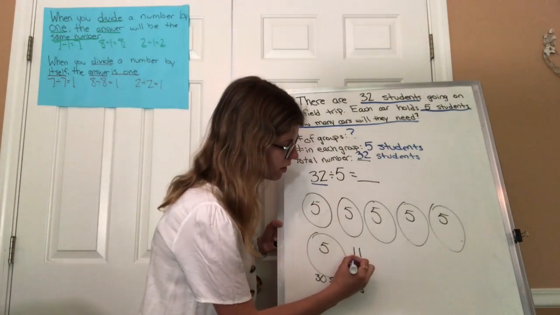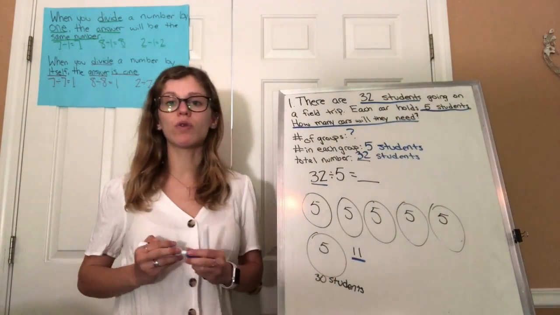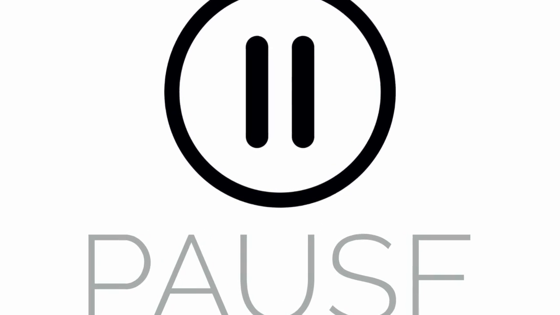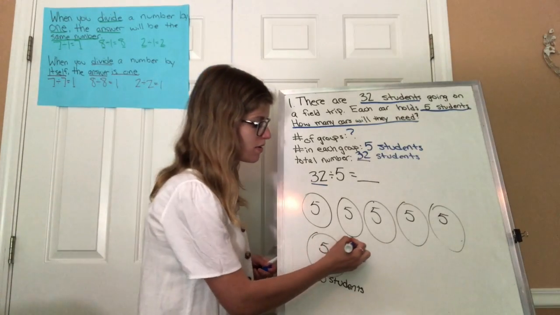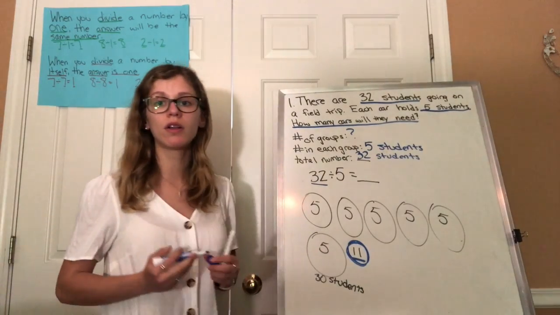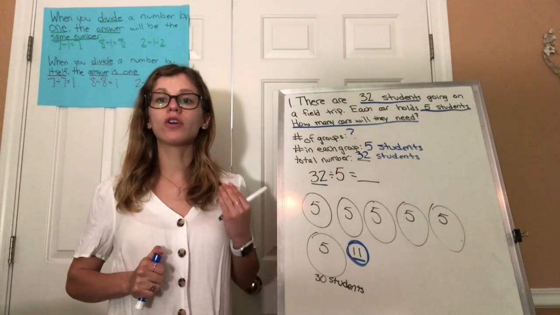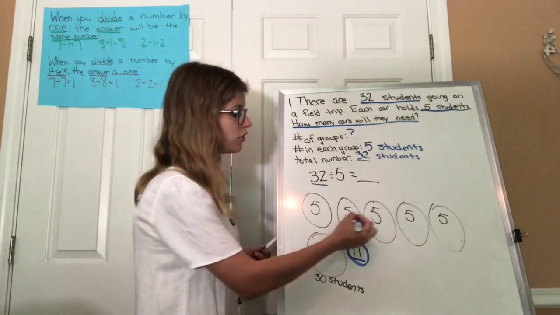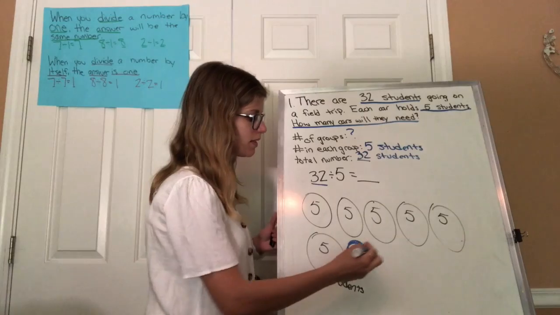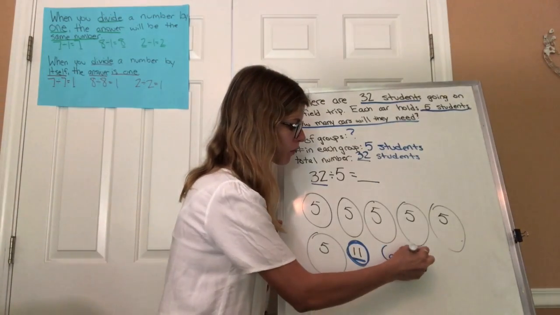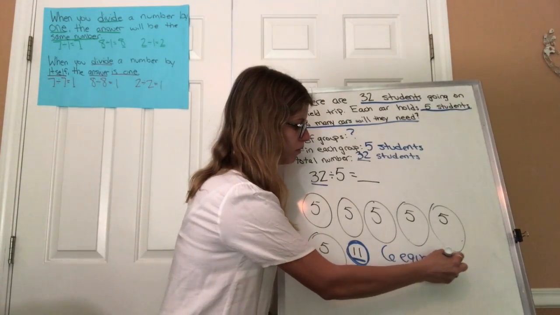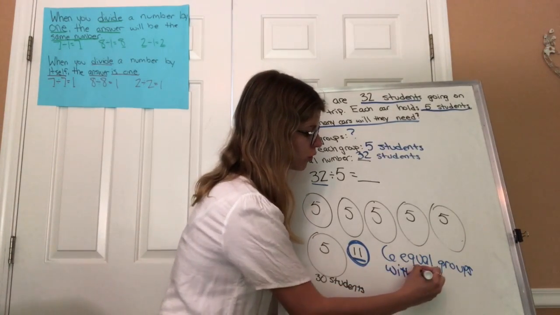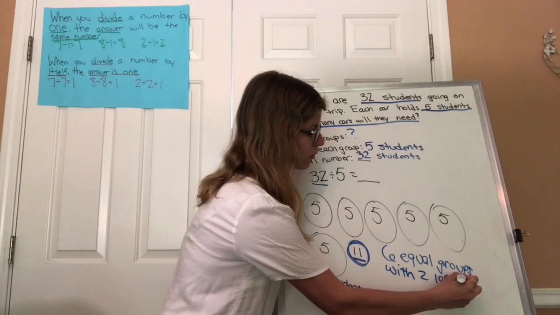What do these 2 represent? These 2 people that are left over are 2 people that weren't able to fit in the car. So I have 1, 2, 3, 4, 5, 6 equal groups with 2 left over.